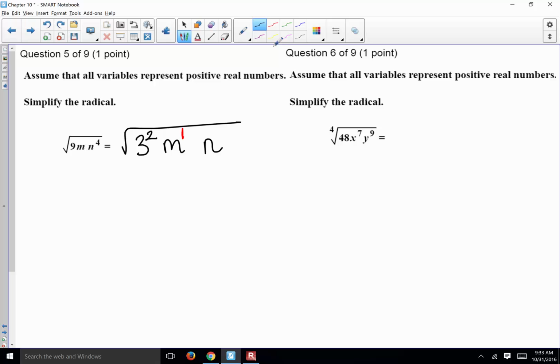N has power 4. How much is the bailout money? How much money do you need to break out of prison? 2. So start dividing, please. 2 divided by 2. What is the quotient and what is the remainder? Nothing remains. And when you divide 2 by 2, you get 1. So 3 to the first comes out like that.